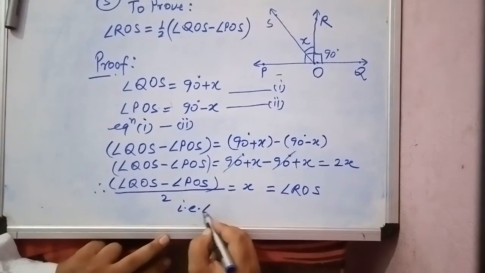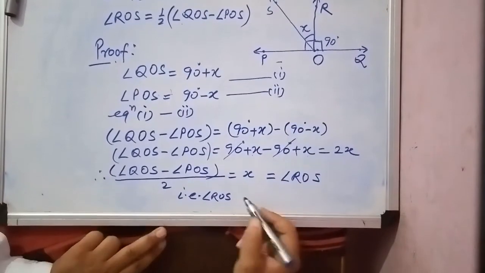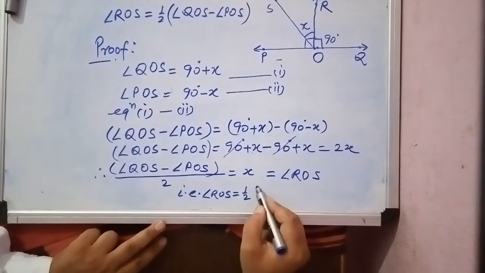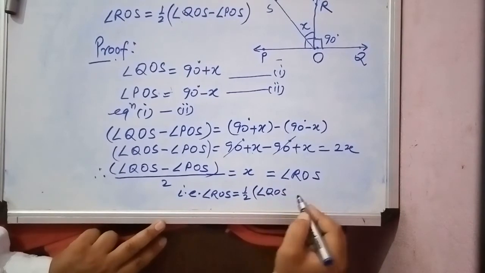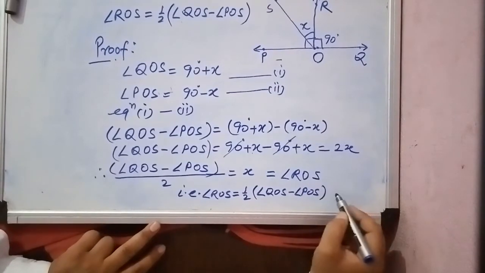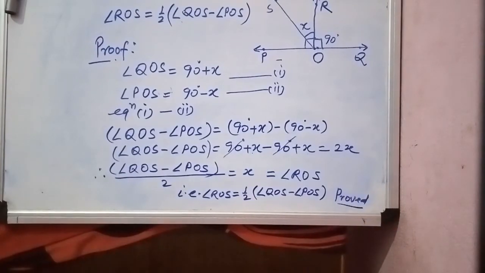That is angle ROS equals half of angle QOS minus angle POS. Hence proved. This is your question number 5.